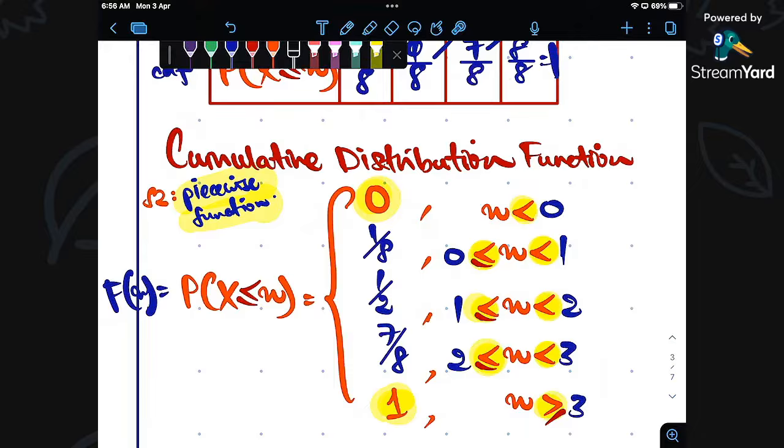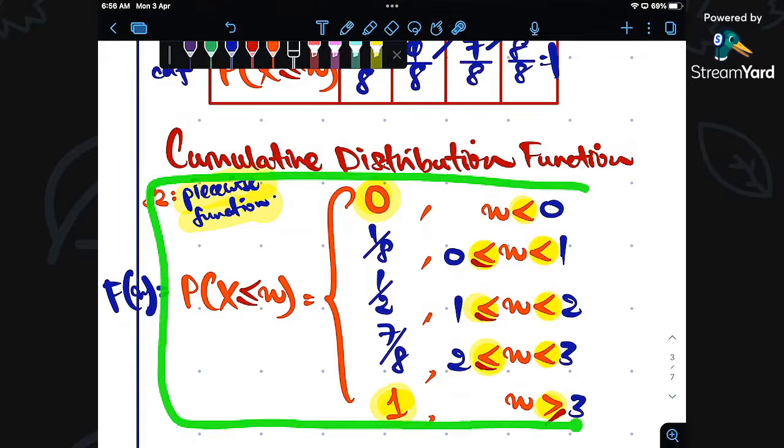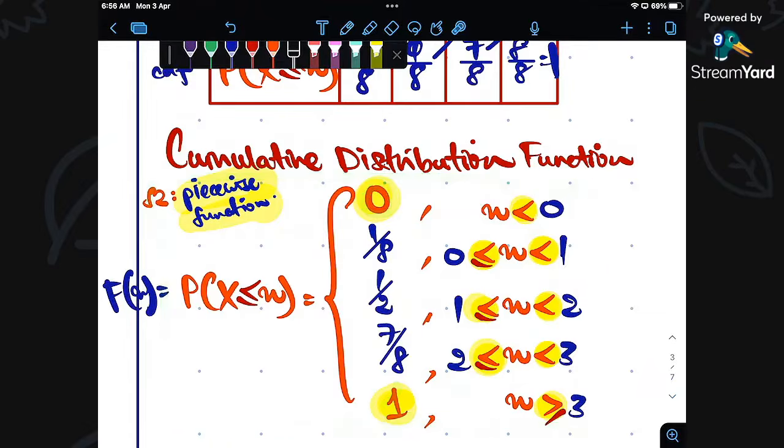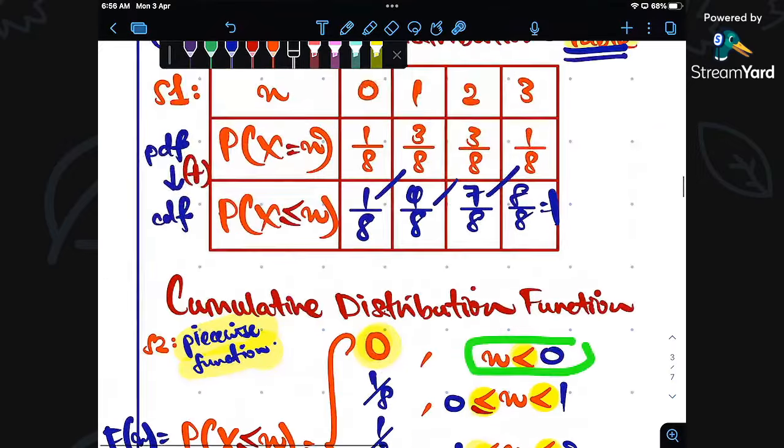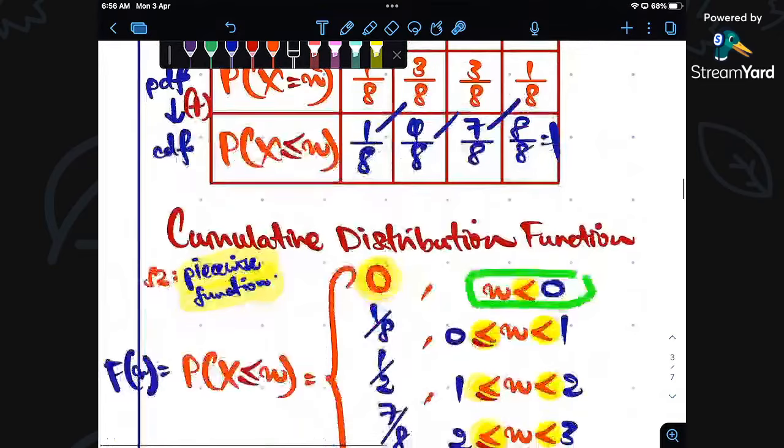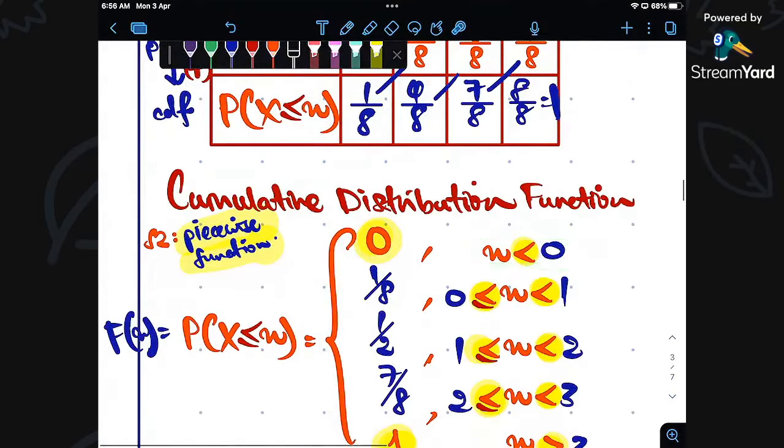So you no need to worry. The framework will always be the same. What's important is you write 0 to 1. It is a must. And you must start with the first data, which is 0. The first data here starts with 0, so you've got to start with 0. Some questions start with number 1 or whatever the question says, but this starts from 0. But this is x less than 0.